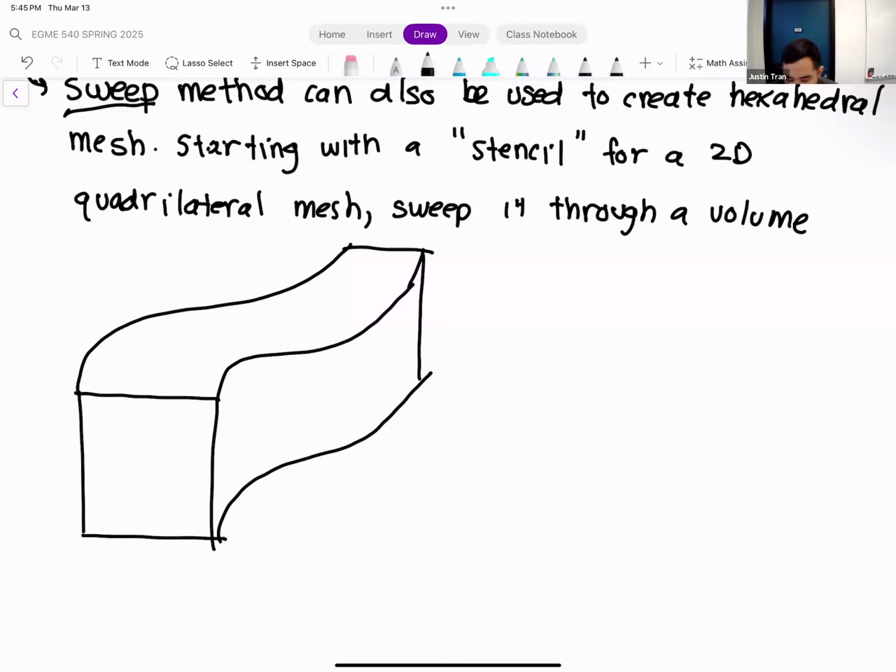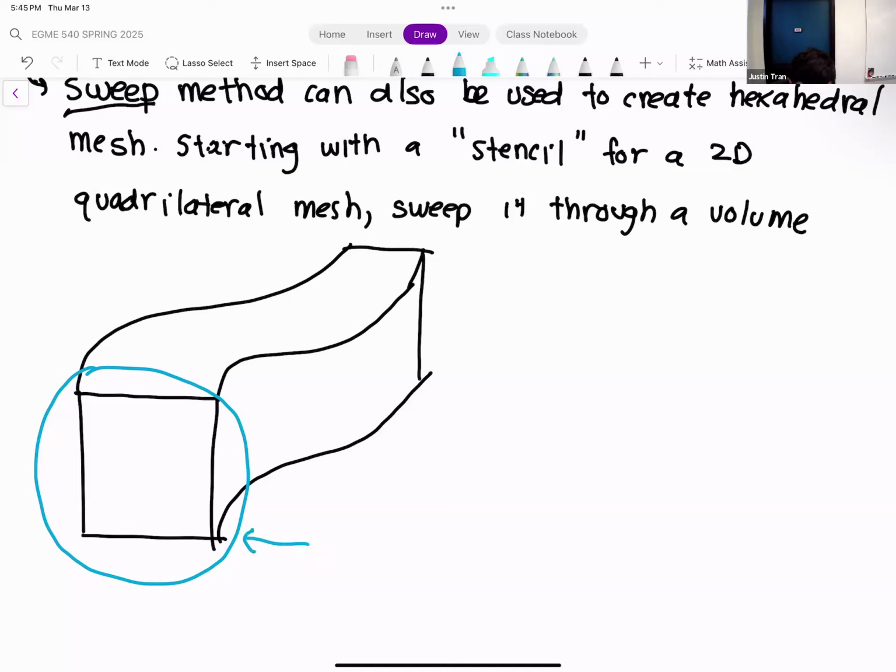Okay. So the idea with the sweep method is to look at a particular surface and mesh that surface using quadrilaterals, because generally it's a little bit easier to produce a quadrilateral mesh in 2 dimensions than a fully 3-dimensional hexahedral mesh.